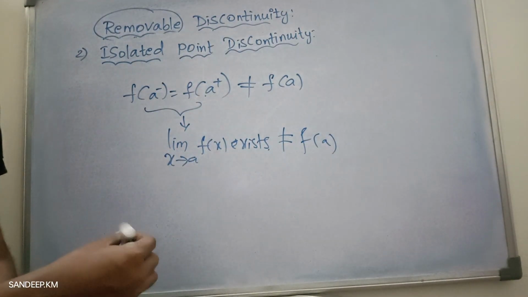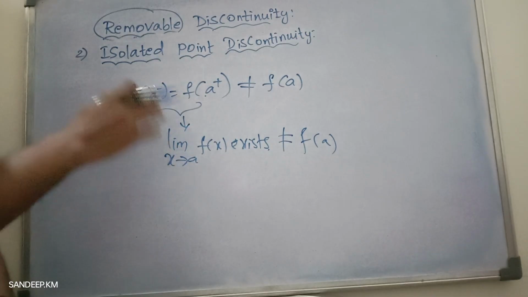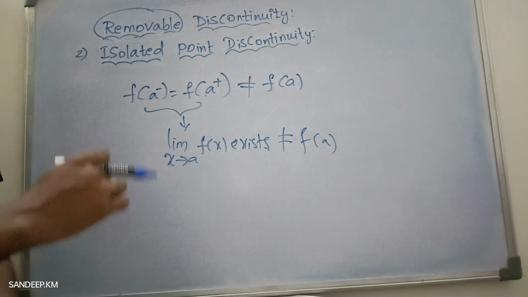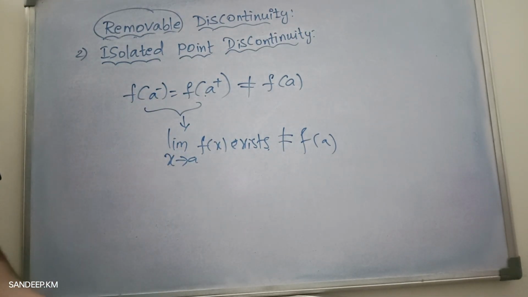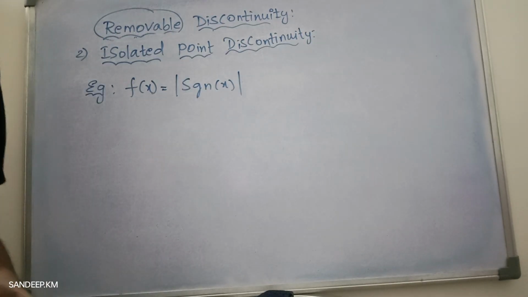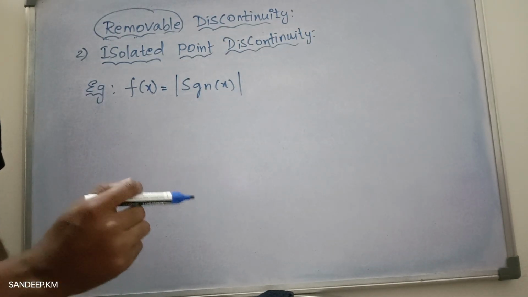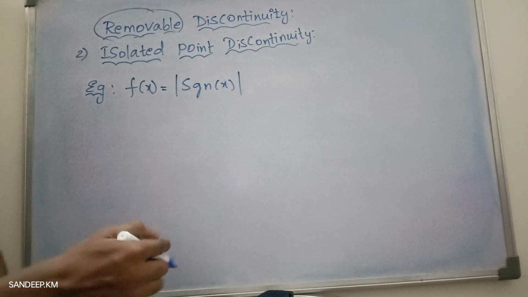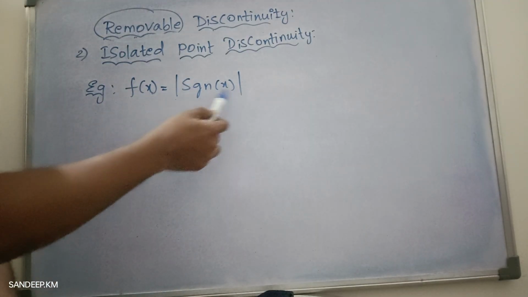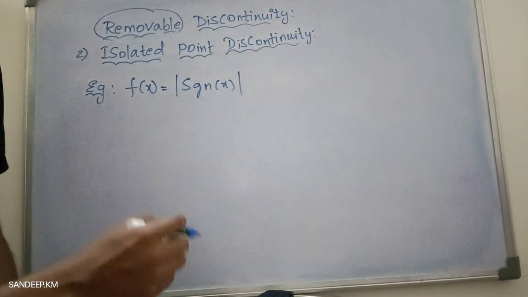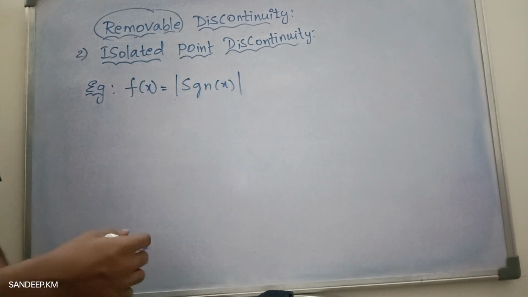Okay now, so let us take an example to understand isolated point discontinuity, and at the same time we will also see its graph. One of the best examples to discuss about isolated point discontinuity is f of x is equal to modulus of signum of x. Dear students, do you remember what is signum of x function?